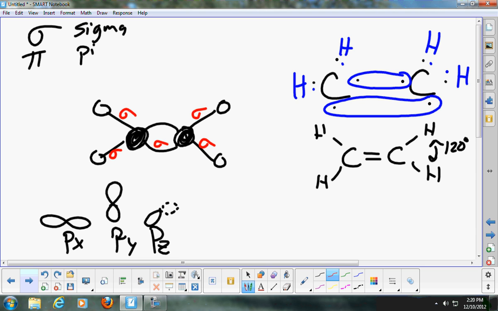Sigma. How many sigmas? Now I count the pi bonds. How many pi bonds are there? 1 right here. So I got 5 sigma, 1 pi. How many single bonds? 4. How many double bonds? 1. So I filled that out.